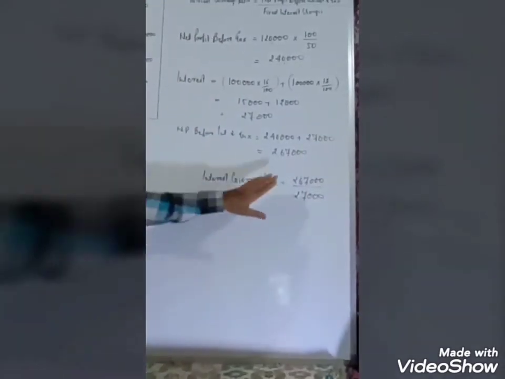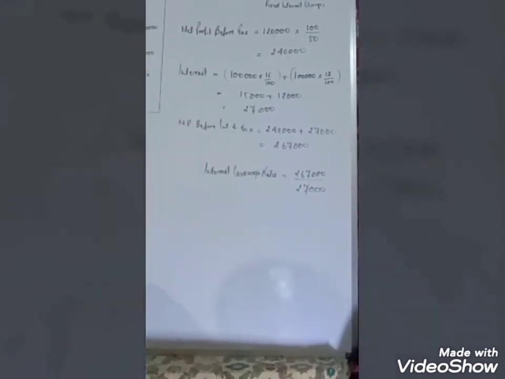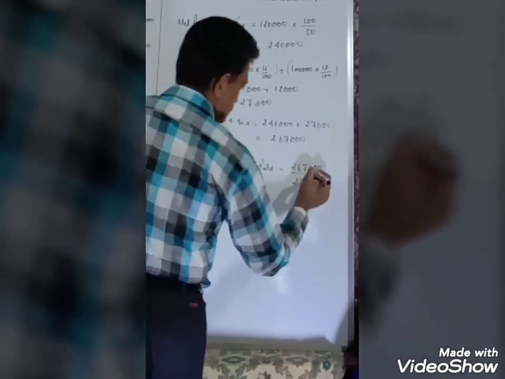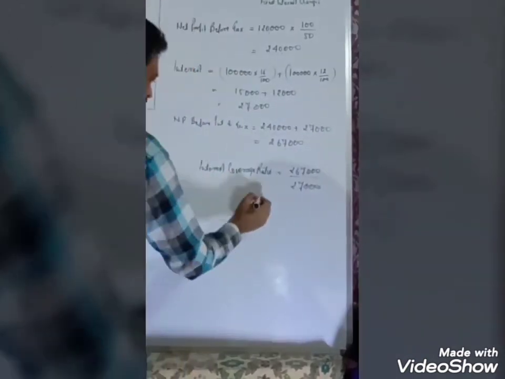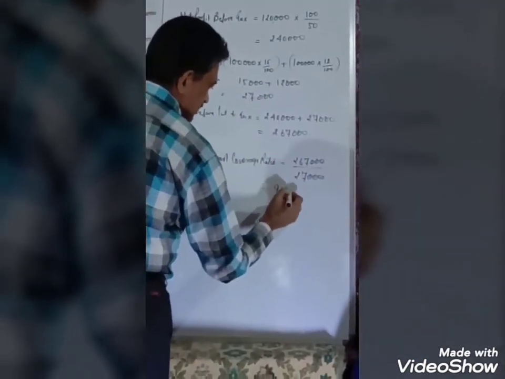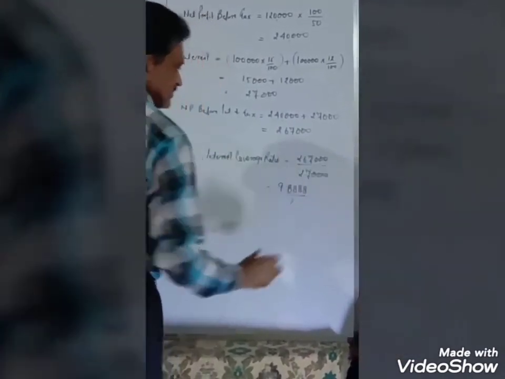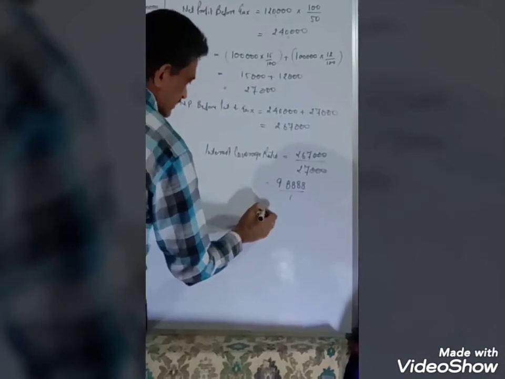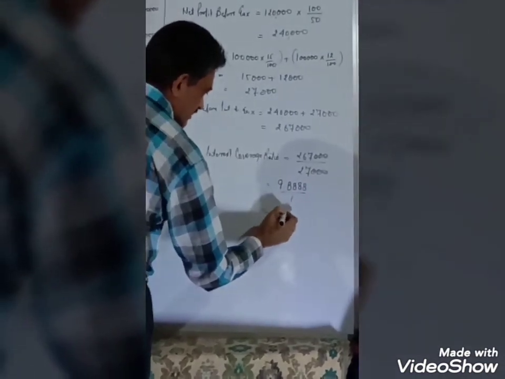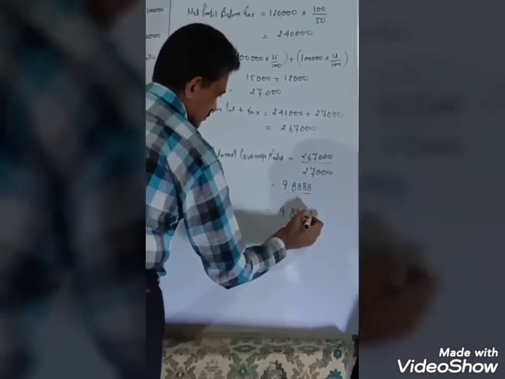Now 2,67,000 is to be divided by 27,000. We will get after the calculation 9.888 ratio 1. It will go on like this. So we can write this as 9.89 ratio 1.